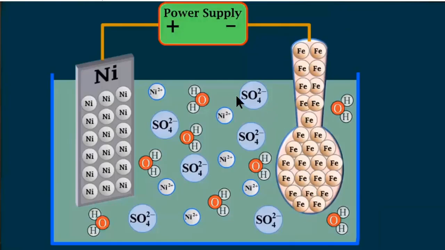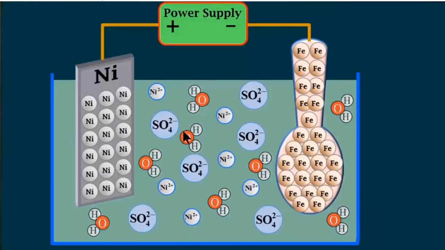Okay, and then we have taken electrolyte here. This electrolyte is a solution which consists of nickel as well as sulfate ions. So what is the name of the electrolyte? The name of the electrolyte is nickel sulfate. So we have taken nickel sulfate, but because it is in solution form, water molecules are also present.